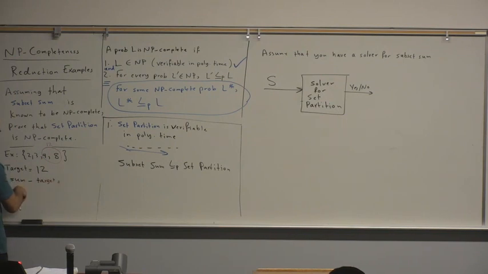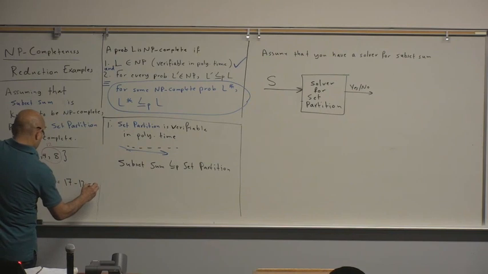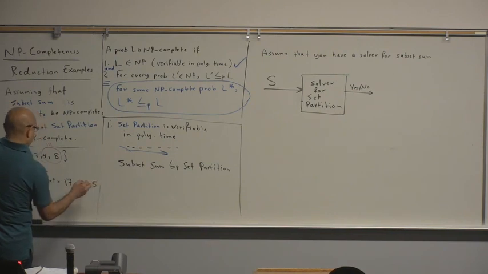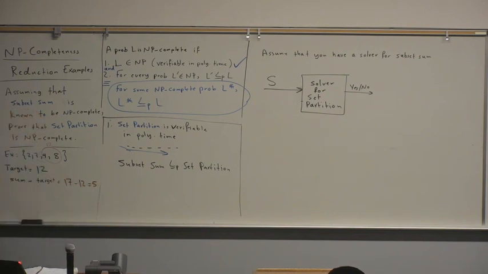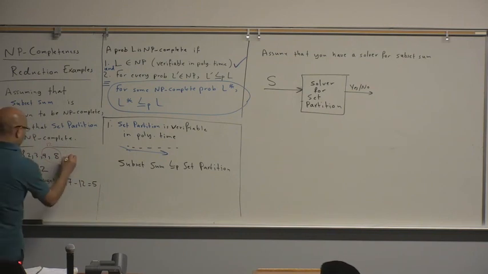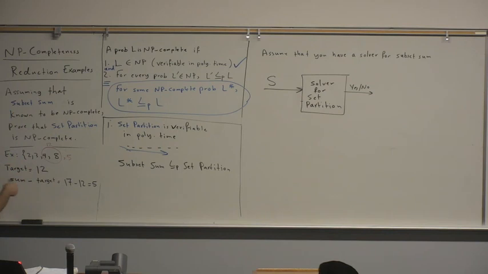Sum is 12 plus 5, so 17. 17 minus target, 17 minus 12 is 5. So you want to add a 5. So you add a 5. Okay. So will it be able to split it in half then?